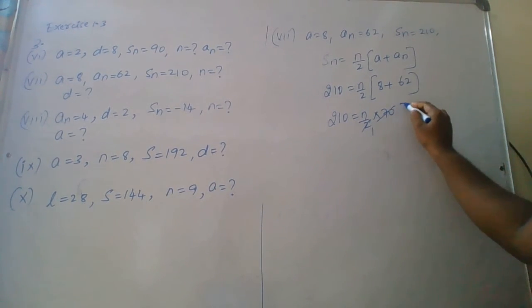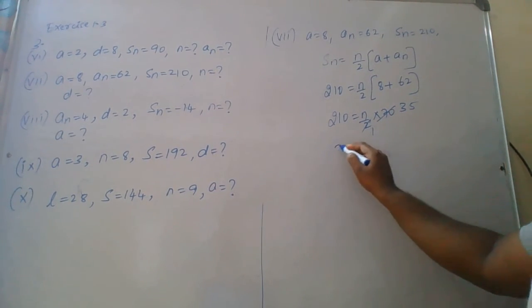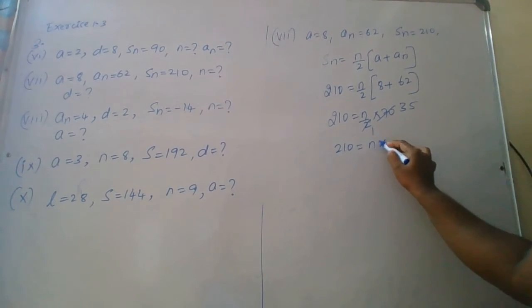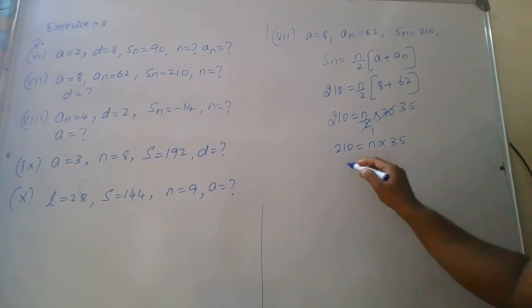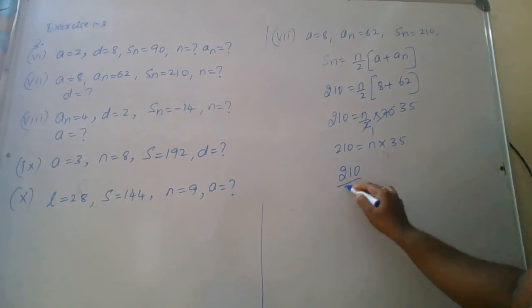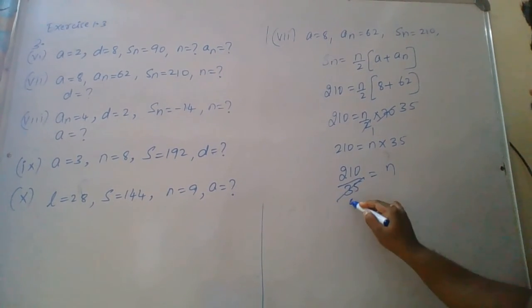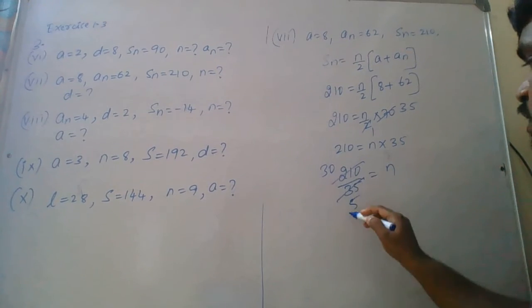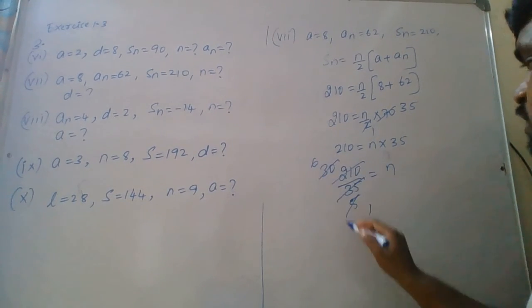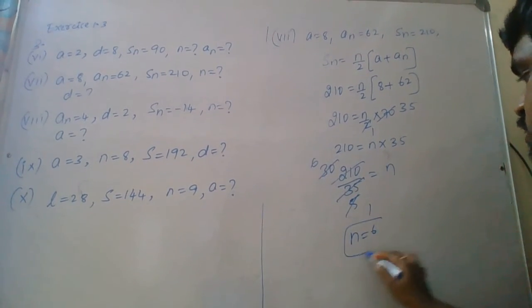Therefore, 2 ones are 2, 35s are. So 210 is equal to n into 35. Get this 35 the other side. 210 by 35 is equal to n. 7 5s are 35, 7 3s are 21, 7 30s are 210, 35 6s are 210. Therefore, the value of n is 6.